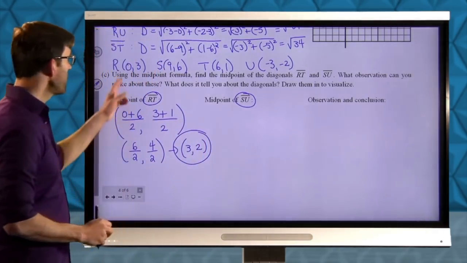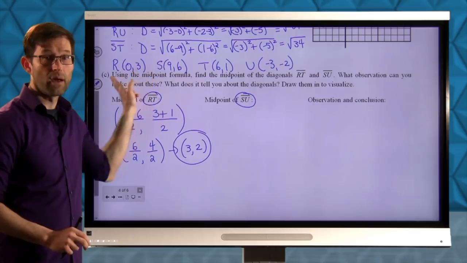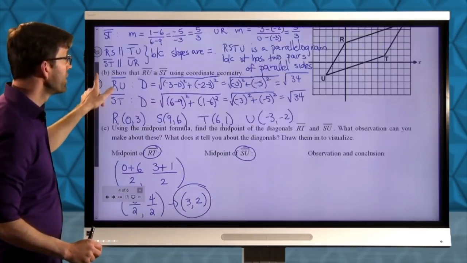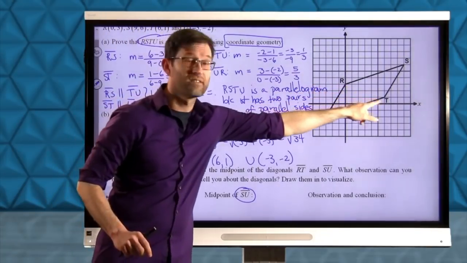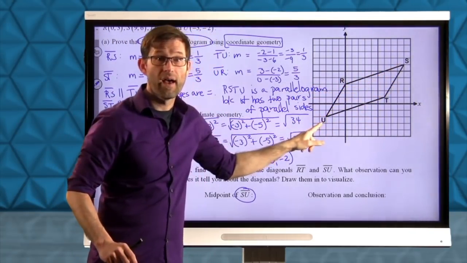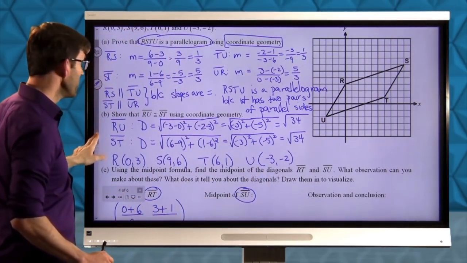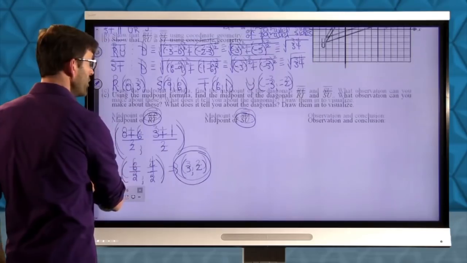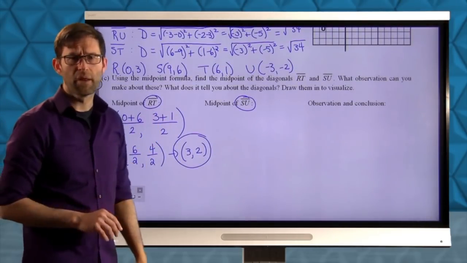Again, R and T, not R and S. I'm looking for the midpoint of the diagonal, so if I connect R to T, and S to U. So why don't you go ahead and do the same thing, find the midpoint of SU, and then we'll go through it. But take a minute, it shouldn't take long.